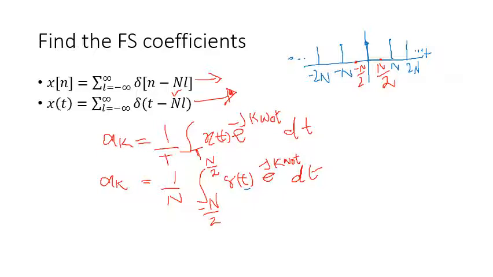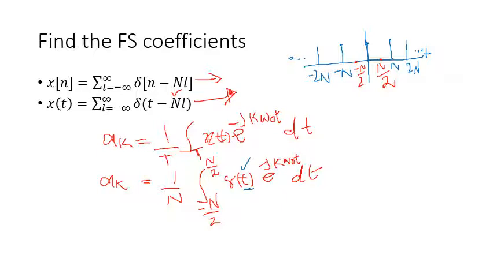The impulse will have value equal to 0 for all values except where its argument is 0. The argument of it is t. When t is 0, its value will be 1. So from minus N by 2 up to N by 2, for all values it will be 0 except at the point where its argument is 0.